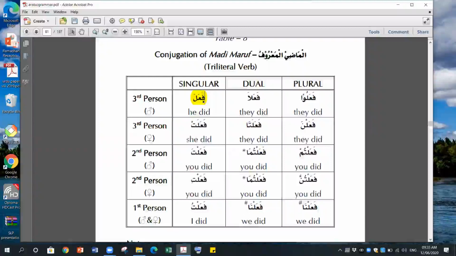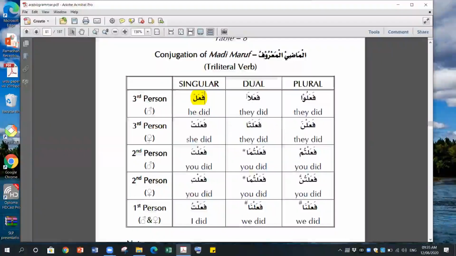Whenever you say fa'ala, it means he did, because fa'al means doing something, verb. So fa'ala, he did. Kataba, he wrote. Sami'a, he heard. Shariba, he drank. Is that clear, Nashmi? So 'he' is inside, but you can't see anything attached.